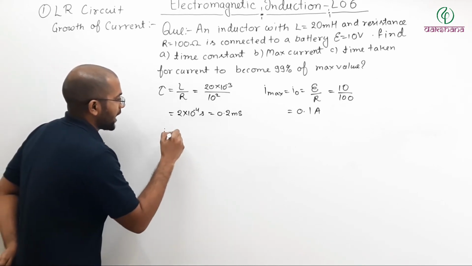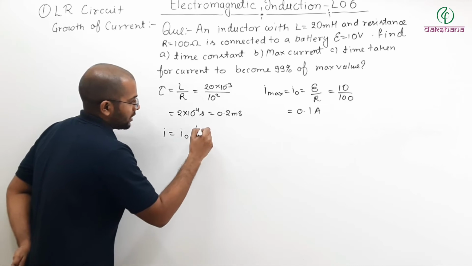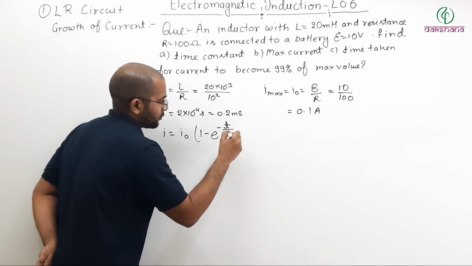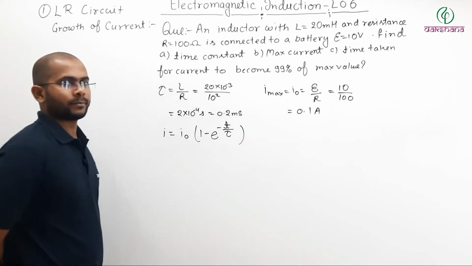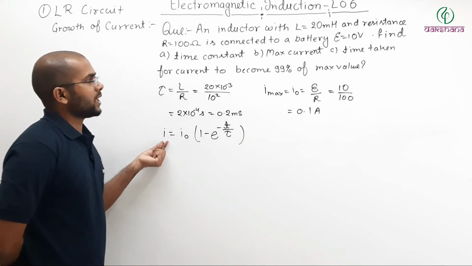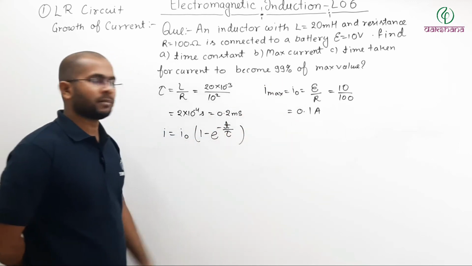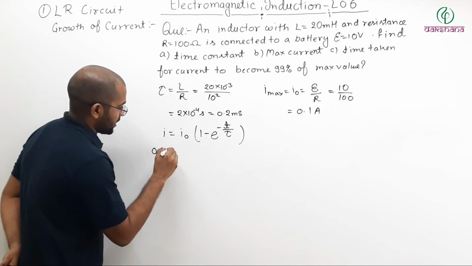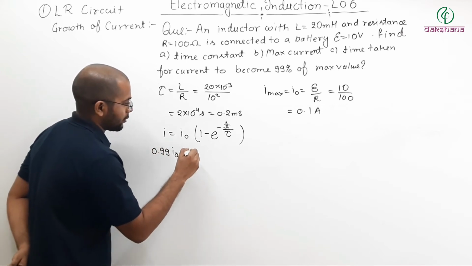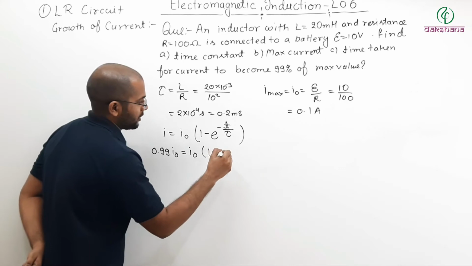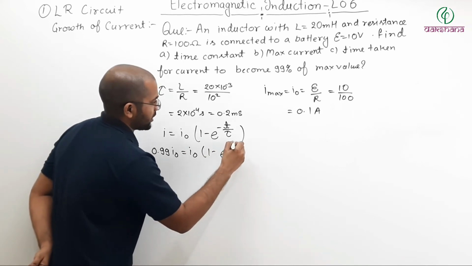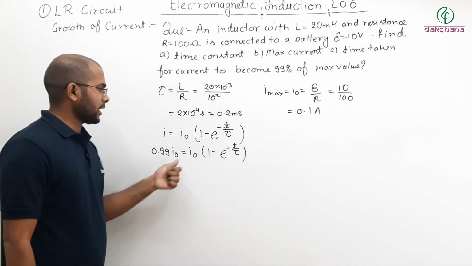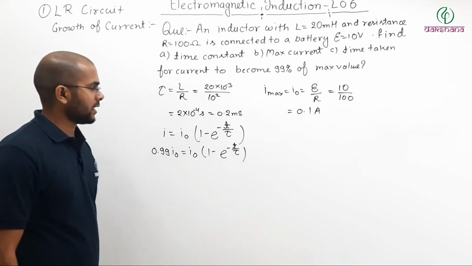So we know that I equals I naught into 1 minus e to the power minus t divided by tau, which is time period, like this. So I is nothing but 99% of the maximum current. So this can be written as 0.99 I naught equals I naught into 1 minus e to the power minus t divided by tau, like this. So I naught cancel, that is 99 by 100.